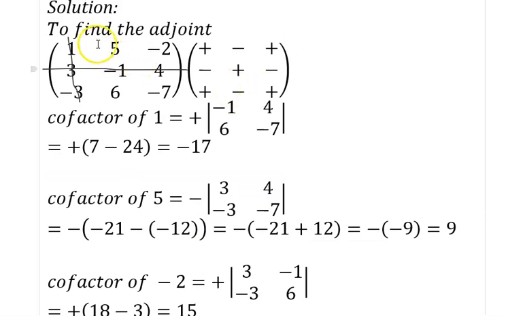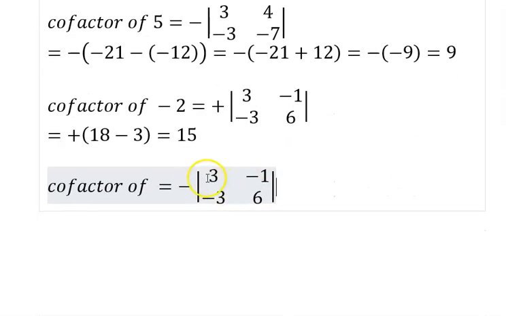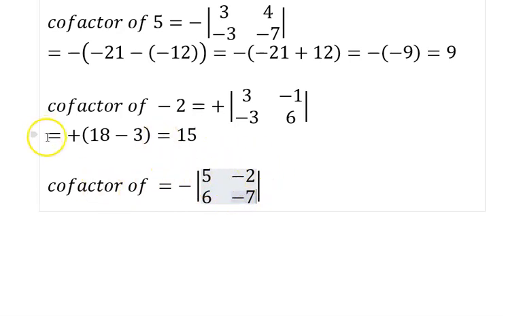Now we have 5, minus 2, 6, minus 7. So we'll go through the same routes.